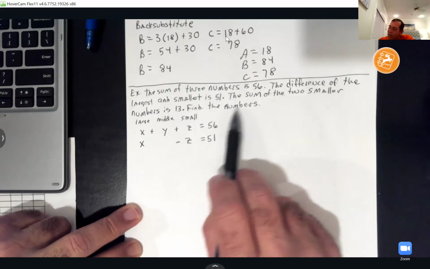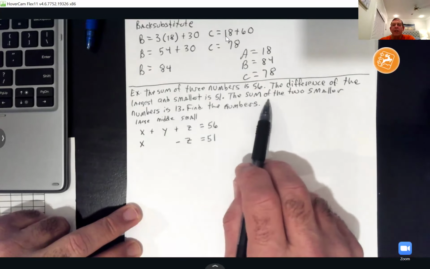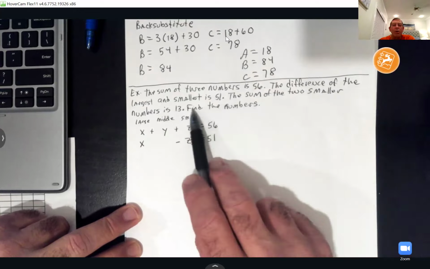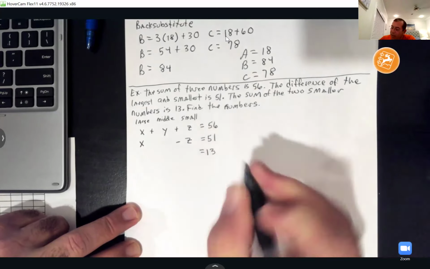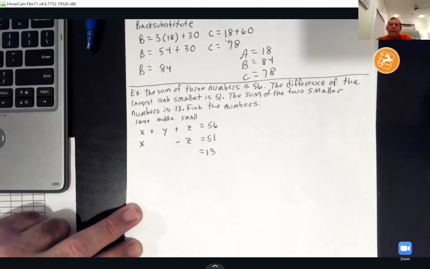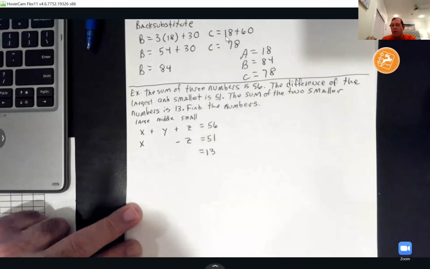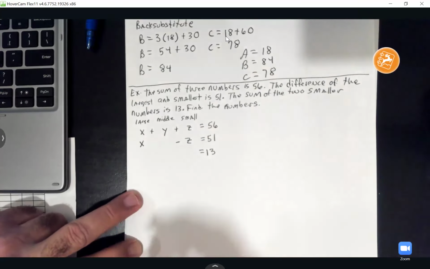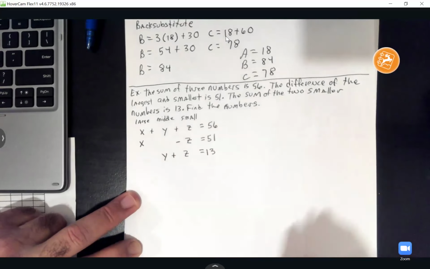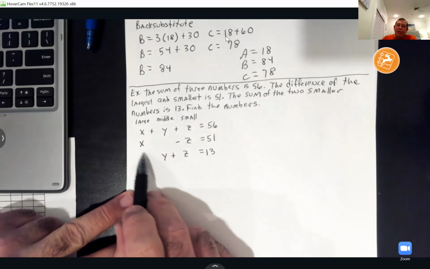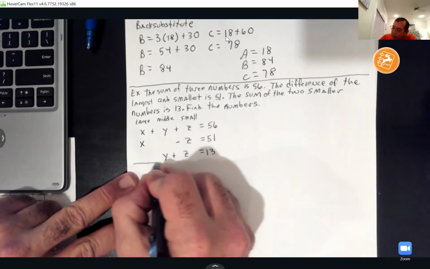All right, then y'all, here's the last one. The sum of the 2 smaller numbers is 13. Well, I know that's 13. What's going over here to represent the sum of your 2 smaller numbers? Y plus Z. Y plus Z, there you go. Which means here I would put another 0, okay?